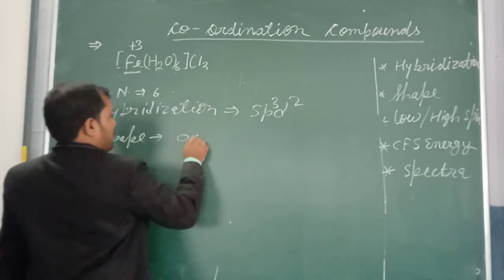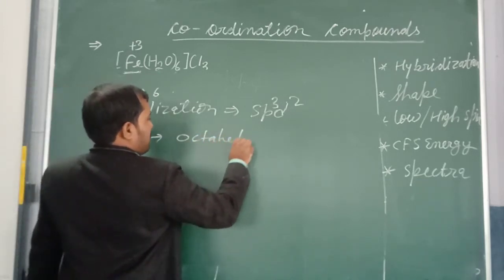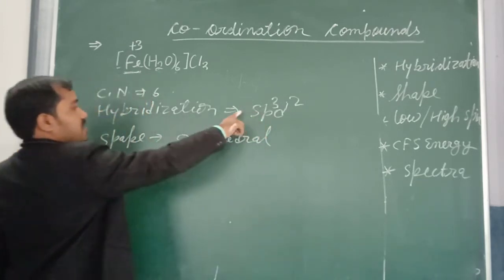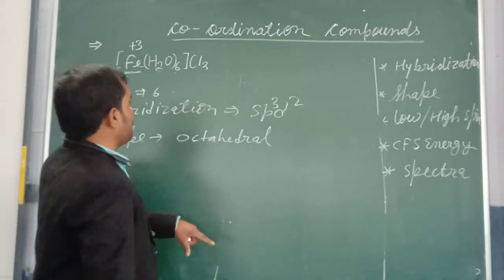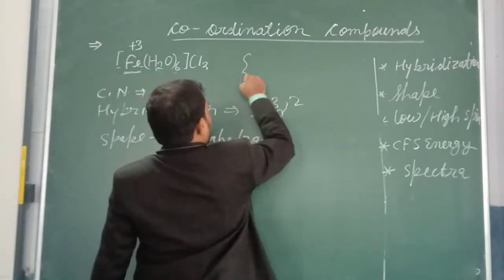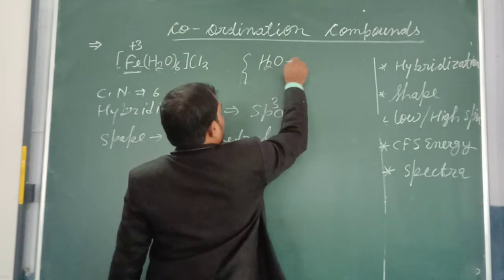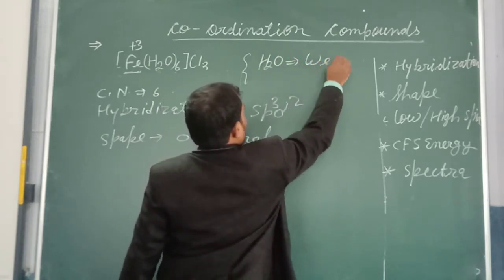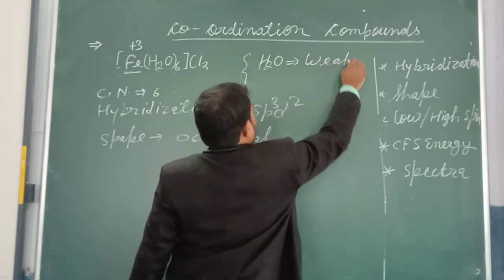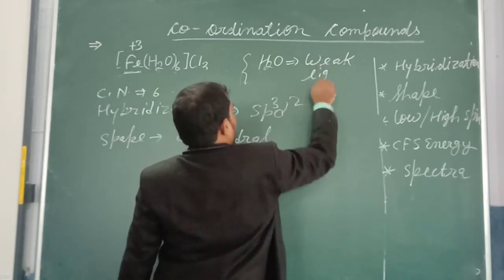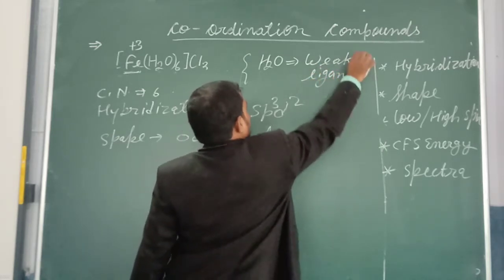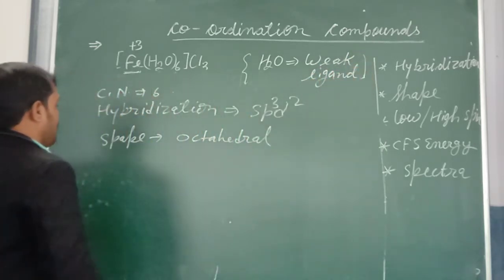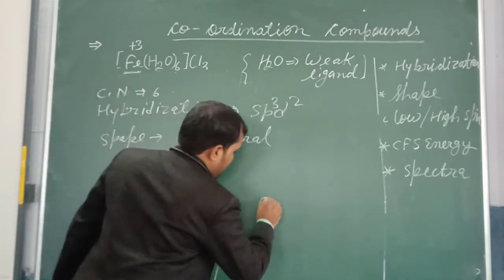Shape is octahedral. Why is it sp3d2 and not d2sp3? Because here water is a weak ligand.